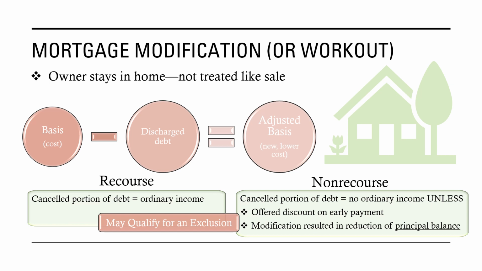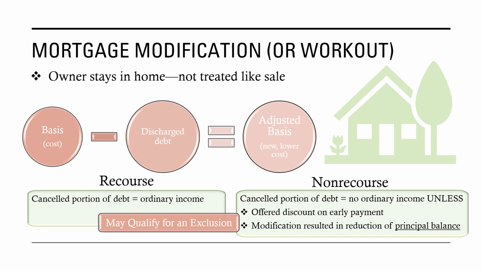With a mortgage modification or a mortgage workout, the owner is staying in the home. The home remains their property, so it's not treated like a sale. However, the cancellation of debt does affect the owner's basis, remember, their cost. Sometimes things happen after the initial cost that can raise the basis, or things that the owner received a benefit for that can lower the basis.